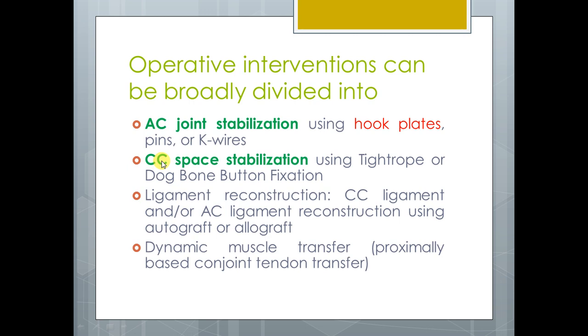CC recently is fixed by either TightRope or dog bone button fixation. This can be done either open or arthroscopically. Arthroscopic is preferred due to associated intra-articular lesions, which are supraspinatus tear and SLAP lesion. We will take it in detail later, inshallah. Or, less commonly, ligamentous reconstruction, or the obsolete dynamic muscle transfer.